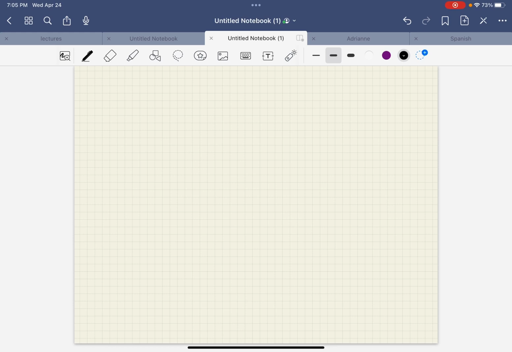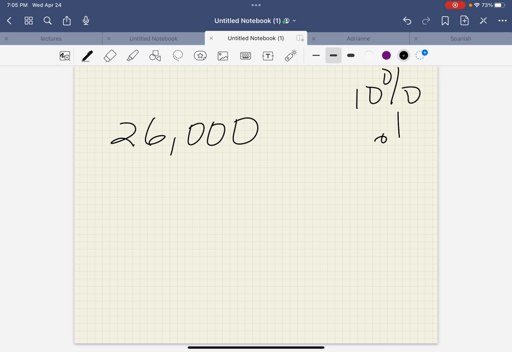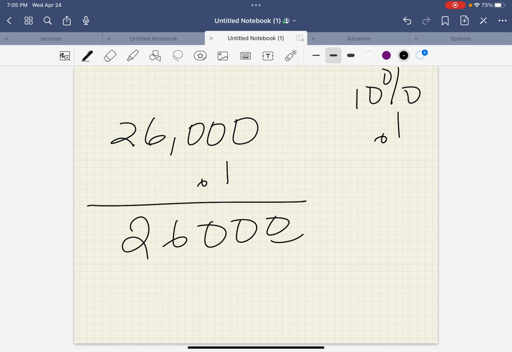He sold $26,000 worth of merchandise. So he sold $26,000. He's going to make 10%. So how do we write 10% as a decimal? Right, 0.1. So we're going to multiply this by 0.1. Move it over one place. So he's going to make $2,600 on that sales. But that's just his commission.